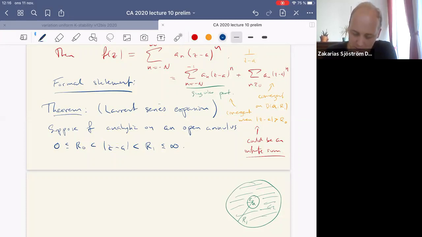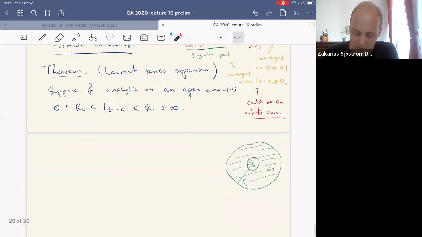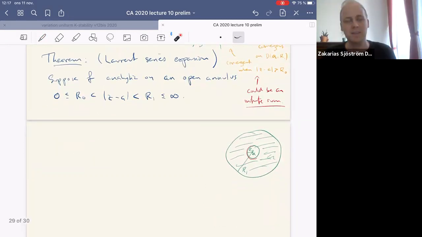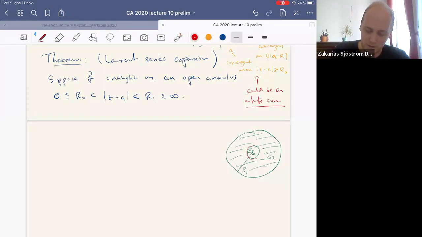And the way that you will see this, by the way, is that the complement of this disk, being outside of it, being far away, will actually be seen as a neighborhood of infinity on the Riemann sphere. Okay, so a disk around infinity on C hat, the Riemann sphere.